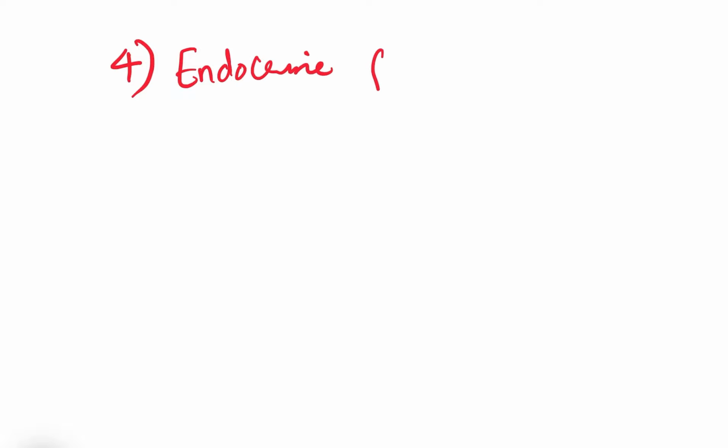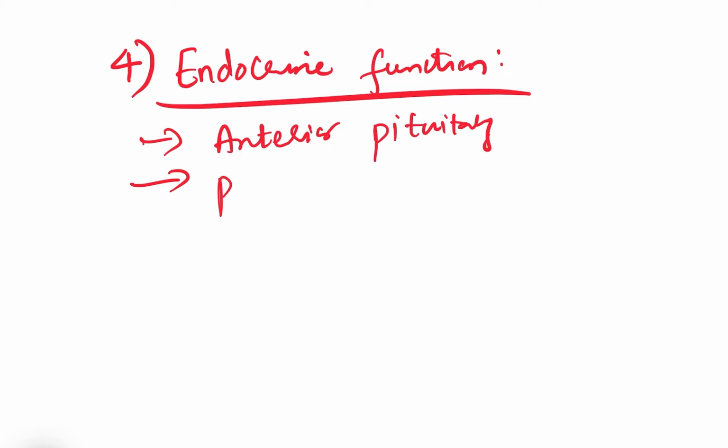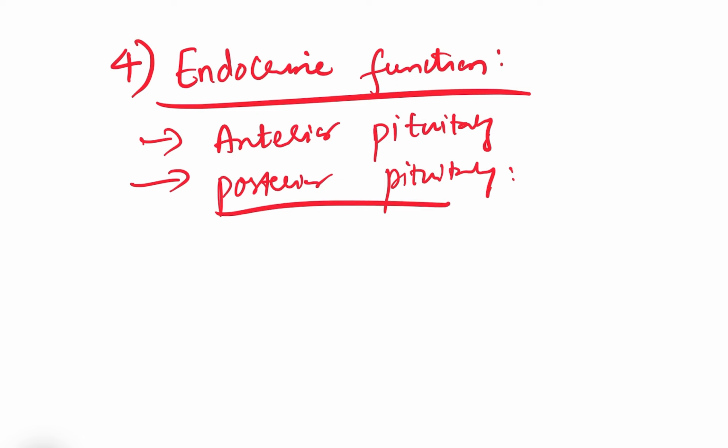One of the most important functions of the hypothalamus is endocrine function, regulation and control of hormones. Basically it will control the anterior pituitary gland and the posterior pituitary gland. How will it control this?